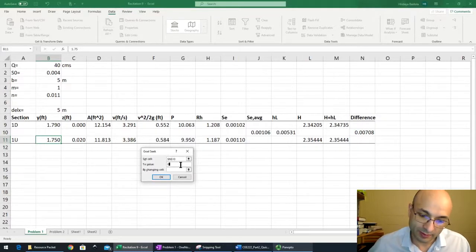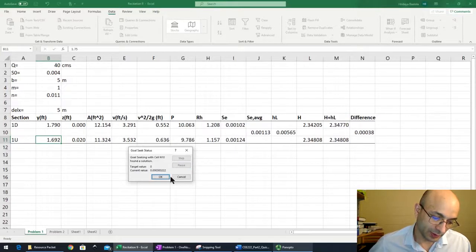When that value is close to 0, that will give me the right y upstream. So we want to get that difference close to 0 by changing this cell.